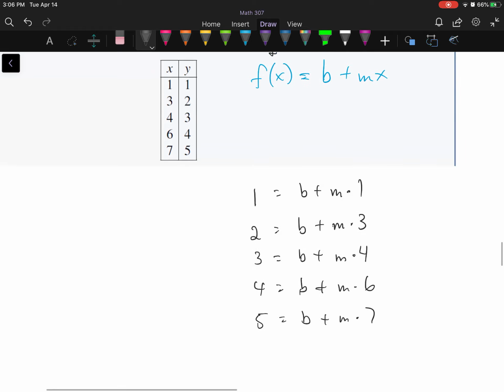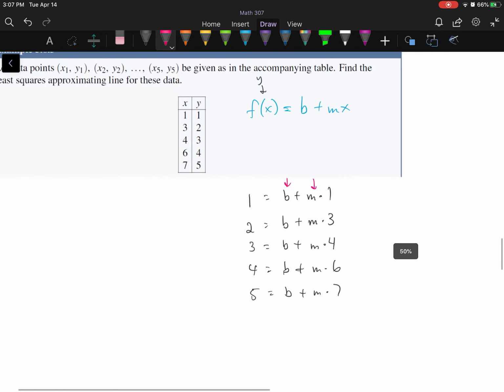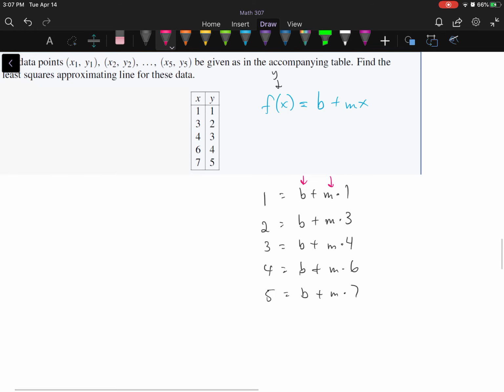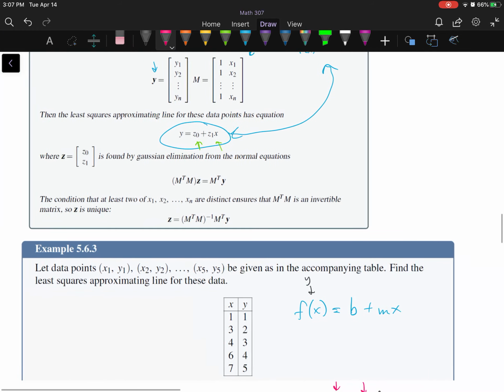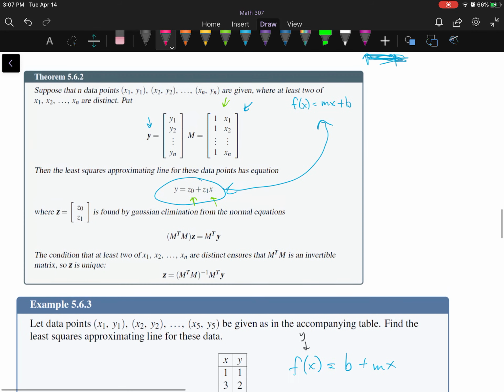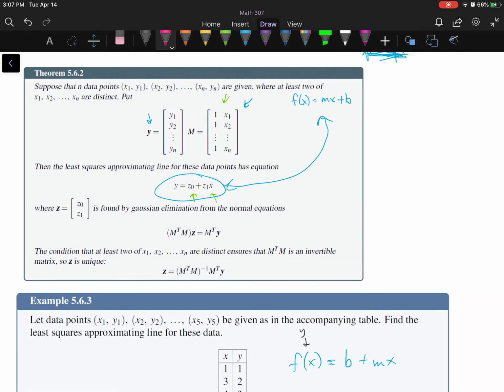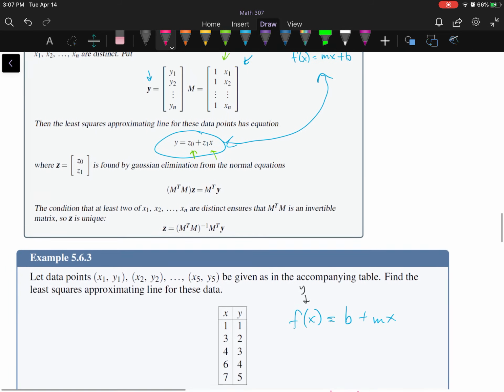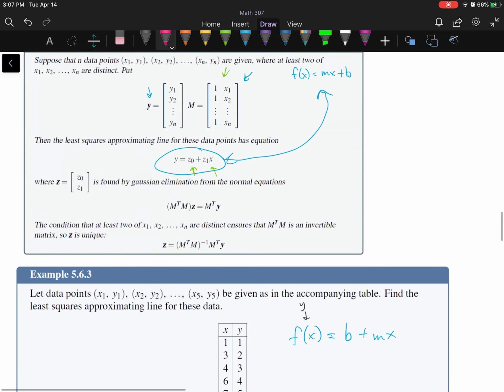So here's our system of equations with 5 equations, 2 unknowns. Our book would like us to use the letters M and Y here for the matrix and the vector.